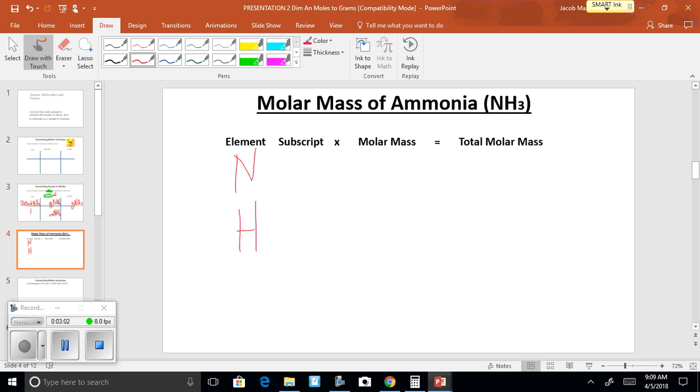What is our subscript for N? Now notice NH3, the N doesn't have a subscript, which means that it's a 1. So the subscript for N is 1. What about the subscript for H? That subscript is right here, right next to the H on the bottom right. So H subscript is 3. Multiply. What is the molar mass for nitrogen, for N? You got to get that from your periodic table.